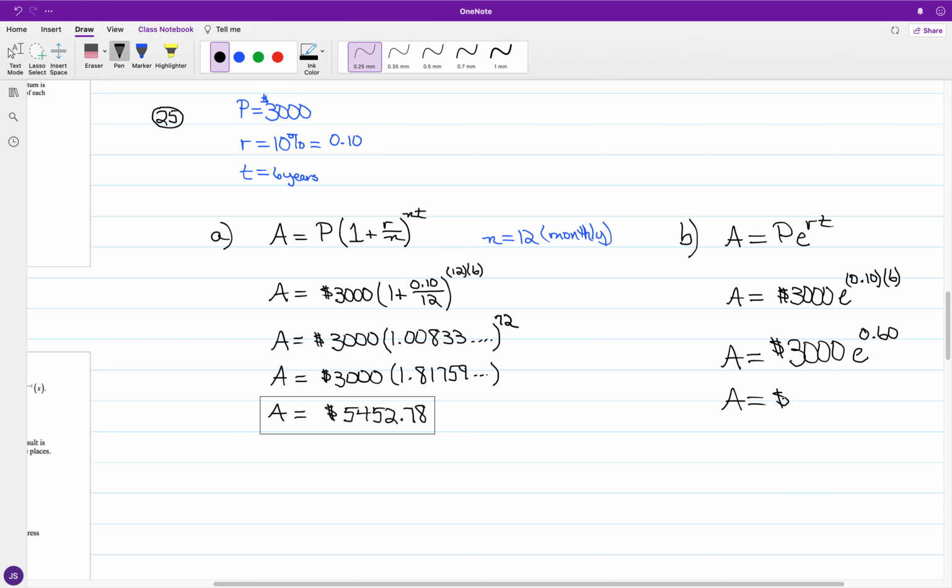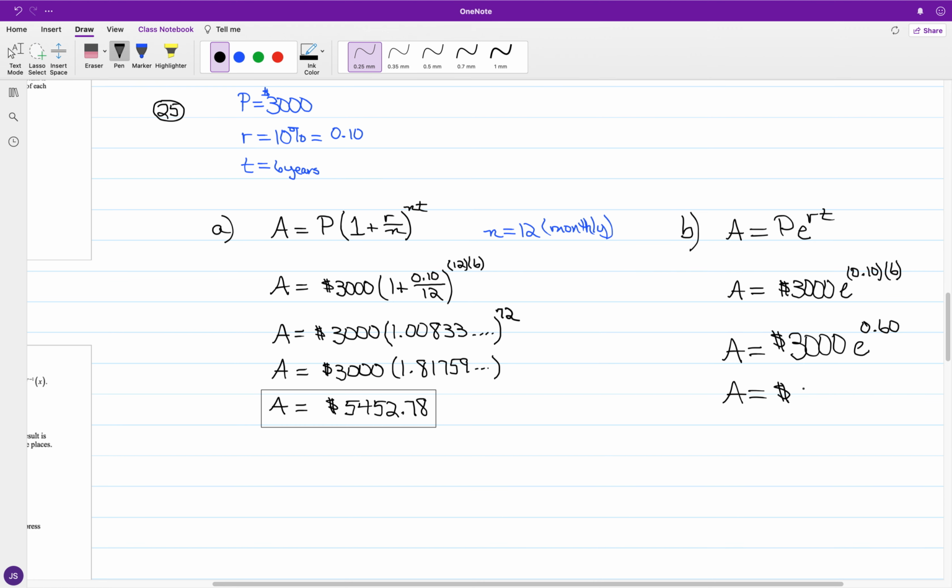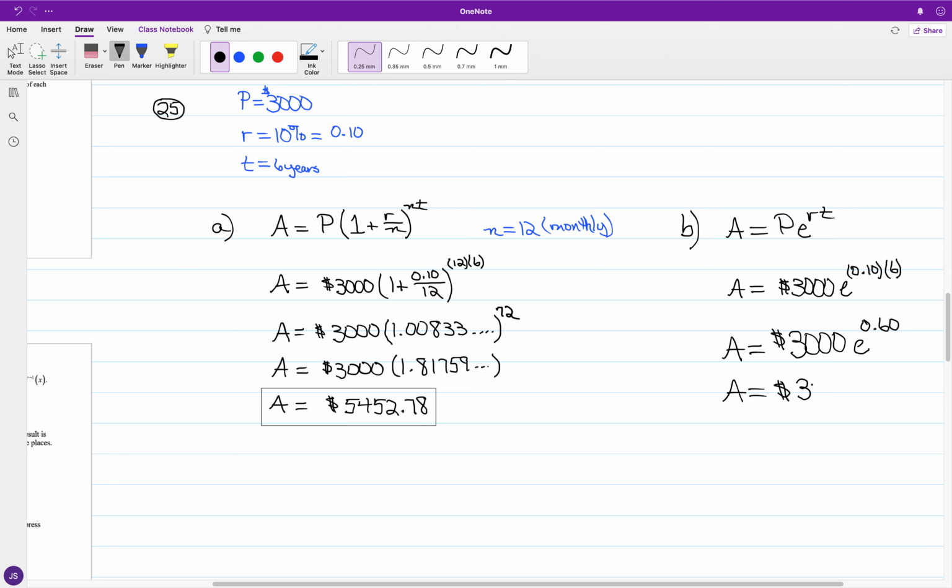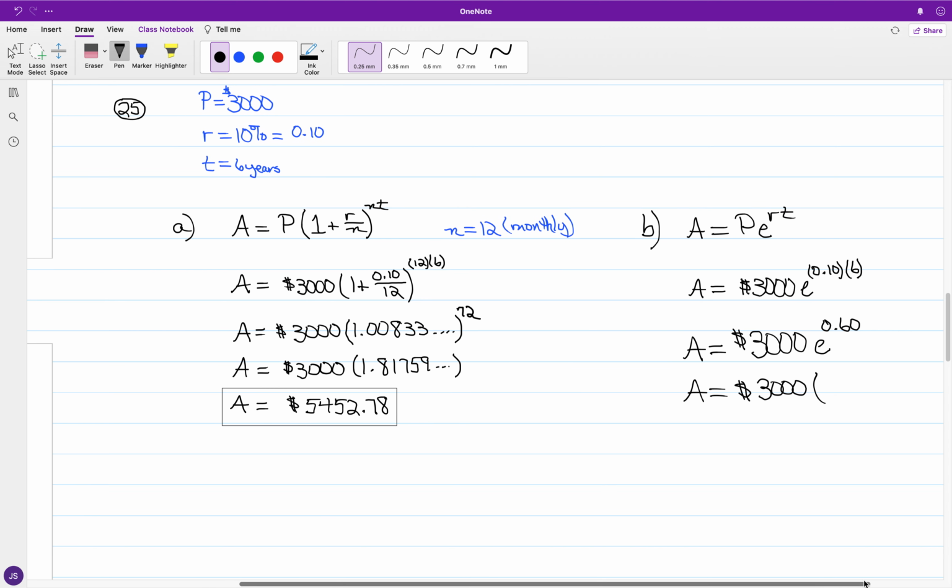And for $3,000 times e to the 0.6, that e to the 0.6 number is also going to be over 1.8. For my display here, you've got about 1.8221188. And taking what we have here and multiplying by $3,000.